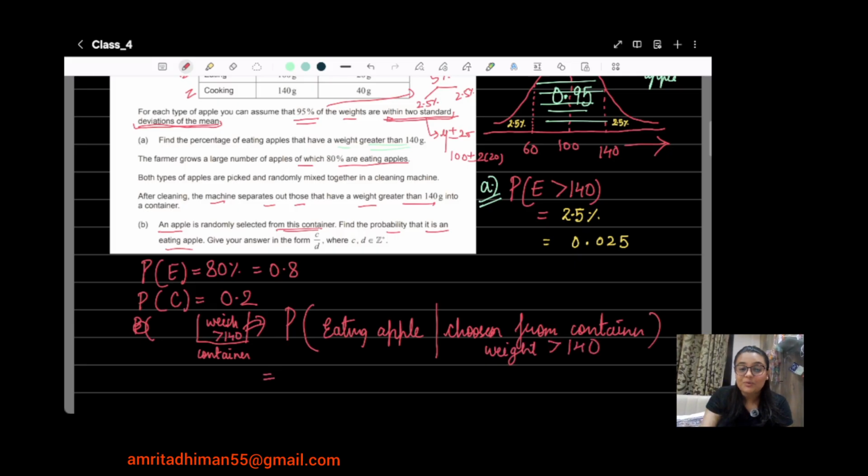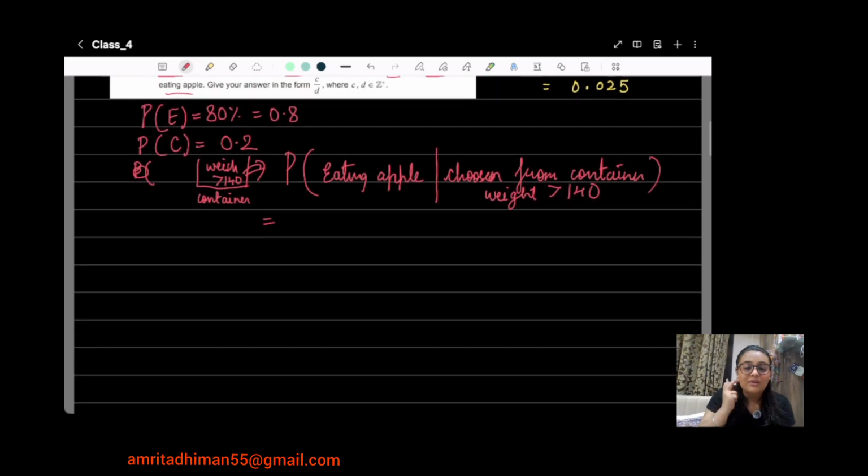So in this case we need to understand one thing with the help of tree diagram, that there are 2 types of apple. One is eating apple and one is the cooking apple. So for the eating apple the probability is 0.8 and for the cooking apple the probability is 0.2.